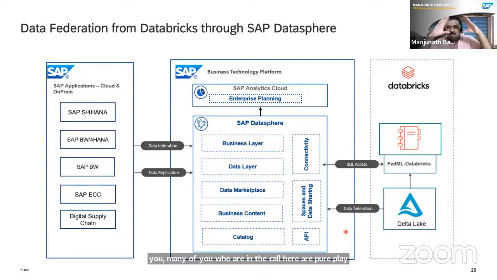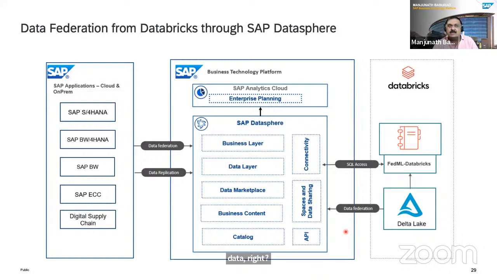Even though you might have applications that are running on SAP, you might be having data that is coming in from different sources, maybe even partner data, machine data, like IoT data. You might have geolocation data, different kinds of data, right? Every single entity, every single machine, every single person, every single company that we are interacting with on a daily basis is creating data. Now, how can you get all of this data into a particular system without having to move all of it is one of the major use cases that we are currently seeing with data federation, right?